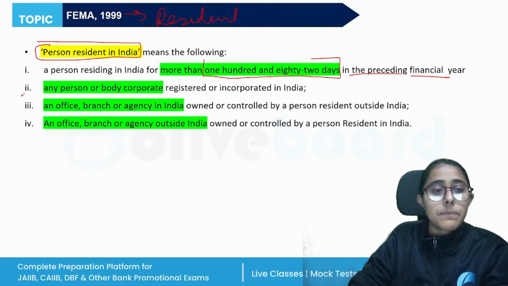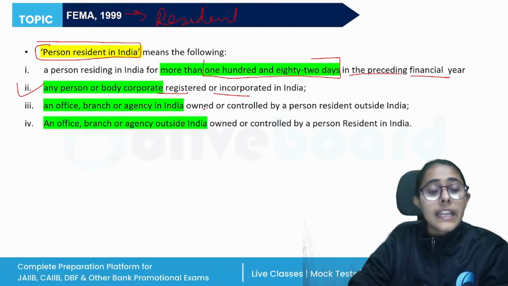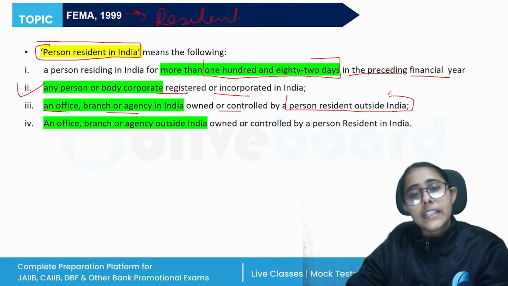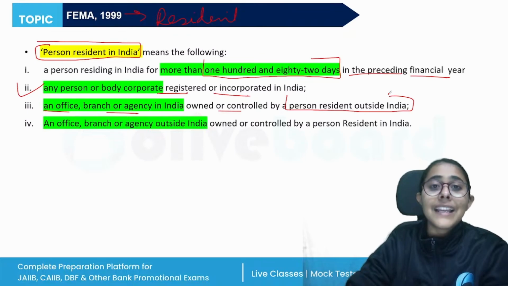Plus, it can be any person or body corporate which is registered or incorporated in India. It can be situated outside India. Then any office, branch or agency owned and controlled by a person resident outside India. So, a person resident outside India, but controlling an office, branch or agency in India.